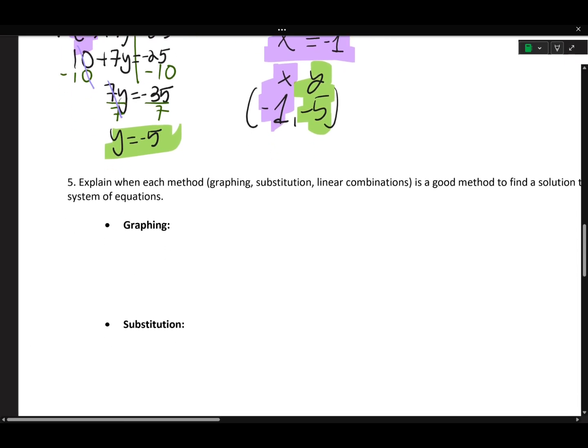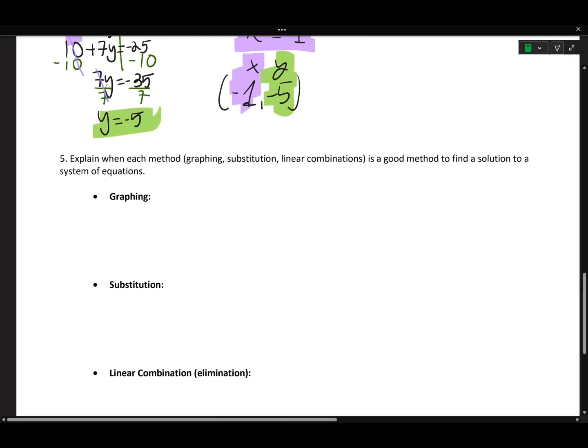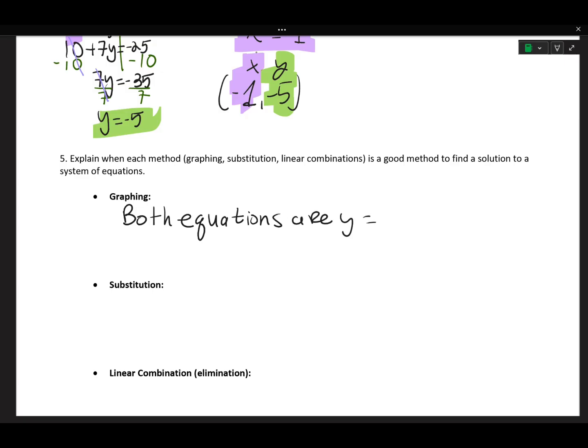Let's take a look at number 5, which is explaining when each method is best for finding a solution of systems. Now, in my opinion, graphing is best when both equations are y equals.